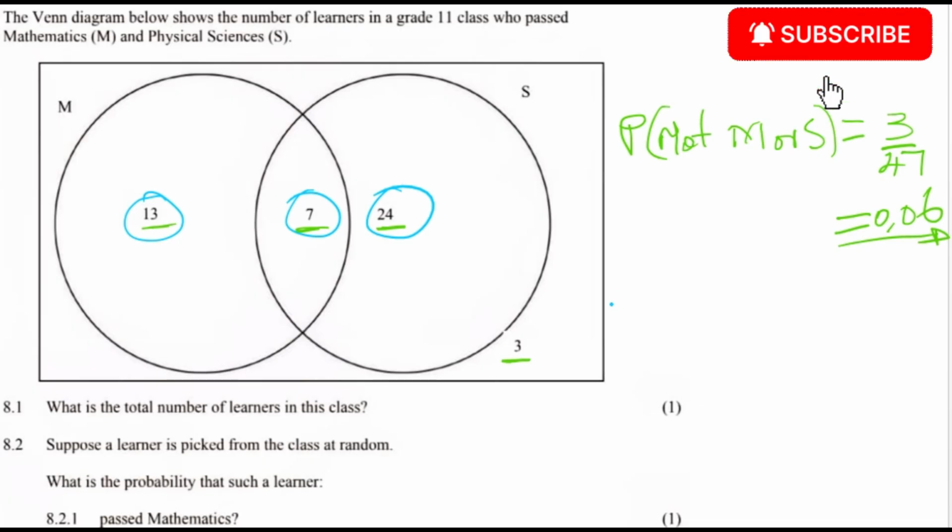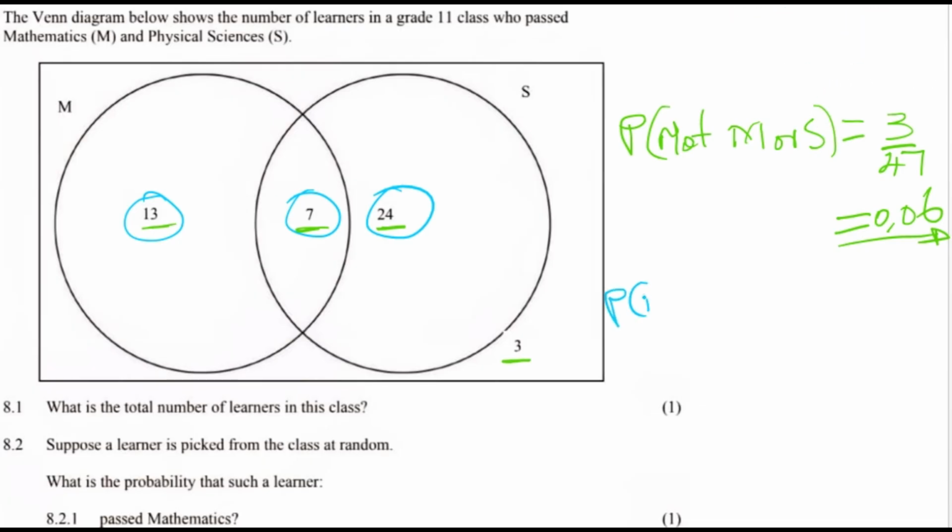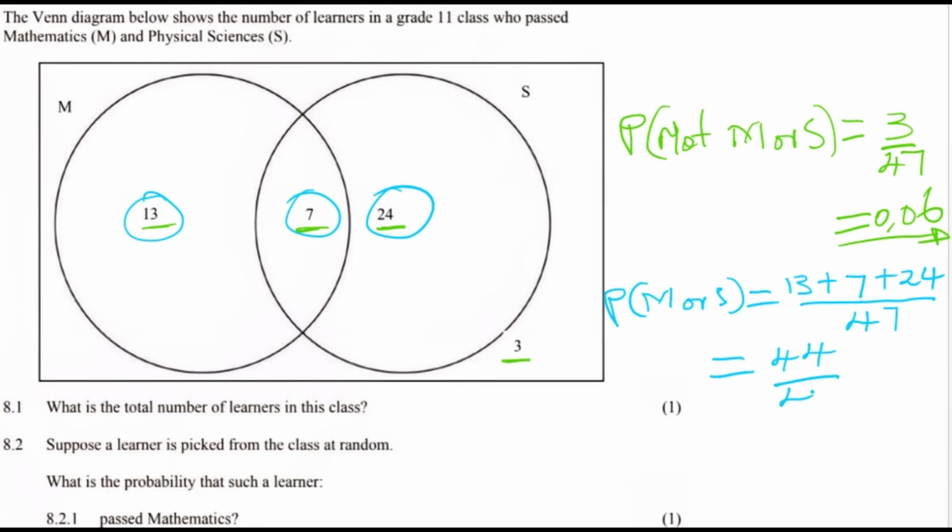The probability of maths or science is equal to 13 plus 7 plus 24, all divided by the total number, which is 47. When we add the numerator, we have 44 over 47. In decimal, that is 0.94.